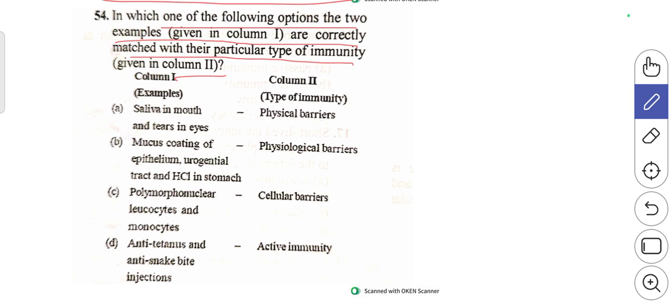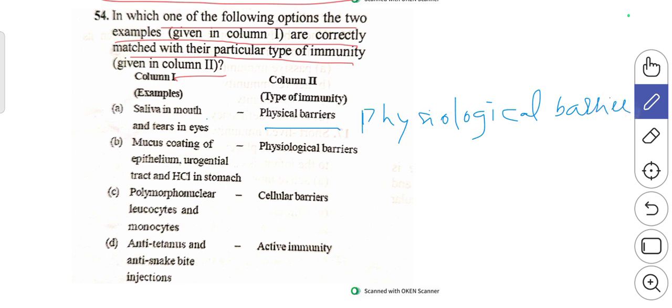The first one, saliva in mouth, tears in eyes. They have given physical barrier, but it is an example of physiological barrier, so this one is wrong here.